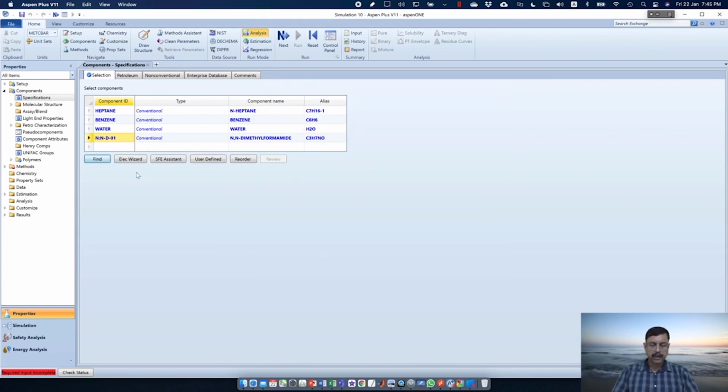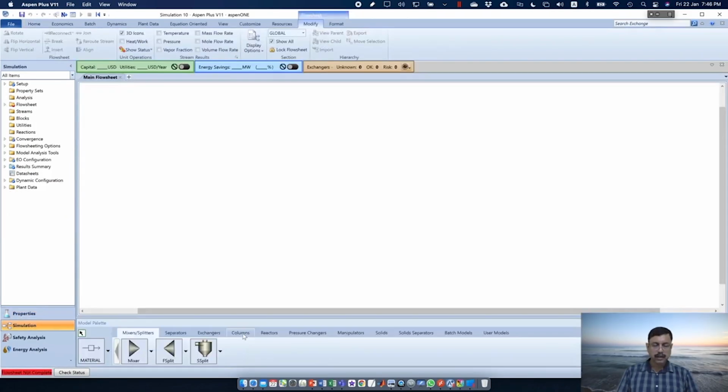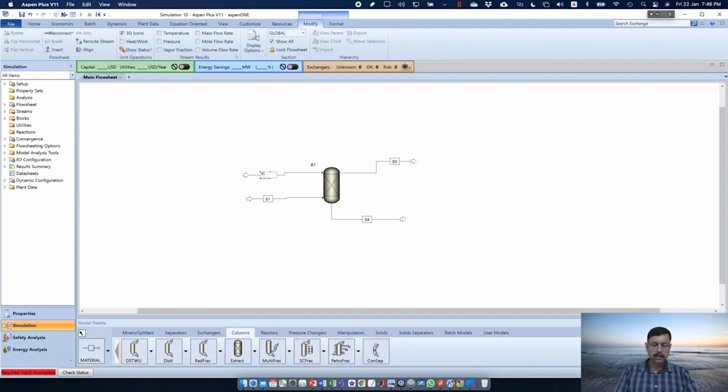So let us rename it as diform. Press next. We have to use the UNIFAC method. Press run. Go to simulation. Take the extract block over here. Material in, material out. So here you have to write feed. At the top, this solvent, this is extract, and this is raffinate.